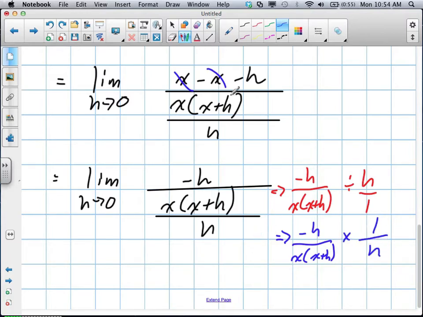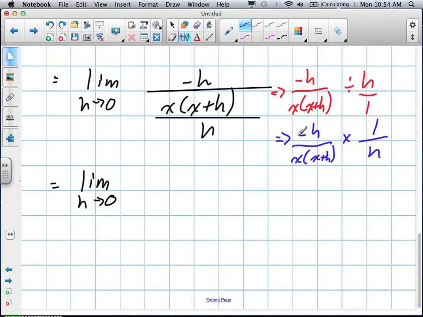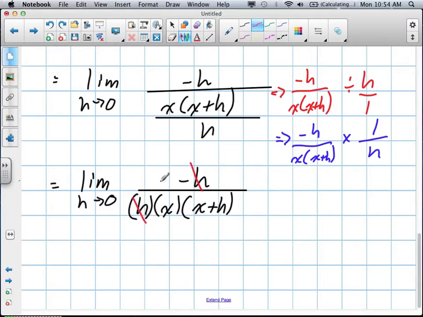Now when we go to combine that, I have the limit as h approaches 0, and negative h times 1 is still going to be negative h. We're now only working with one fraction, which is nice. And when I multiply by h, I'm going to have h times x plus h. We haven't combined any of those. The reason we did that is so we can now eliminate our h's.